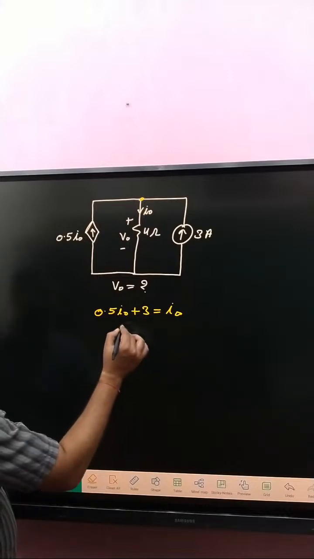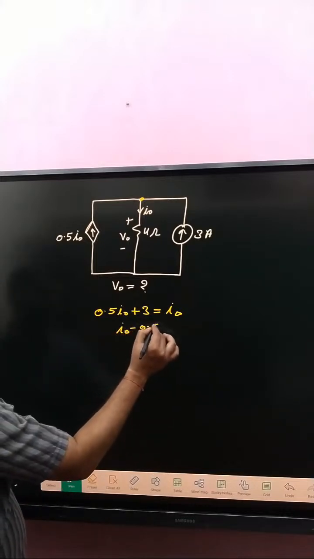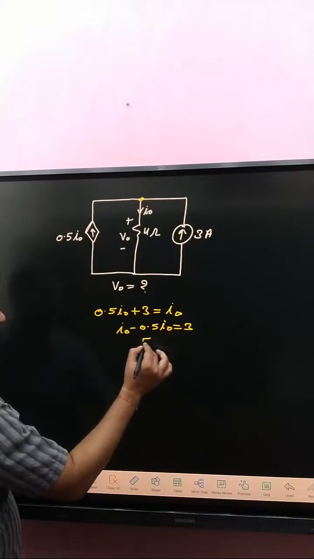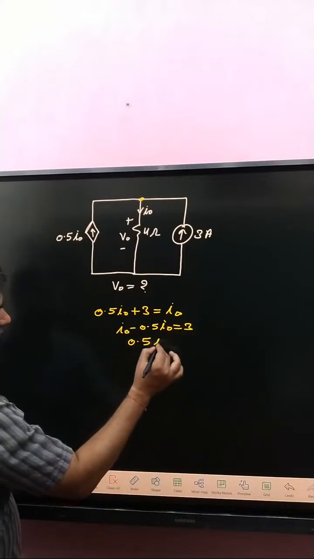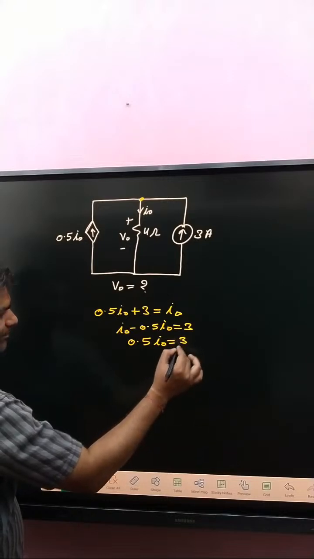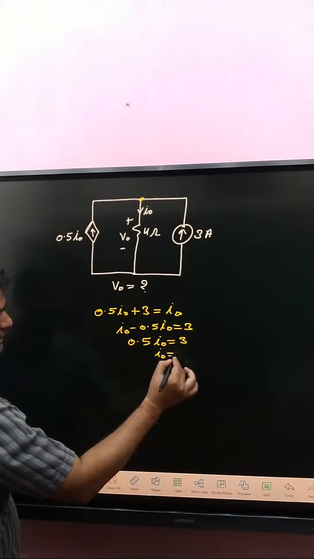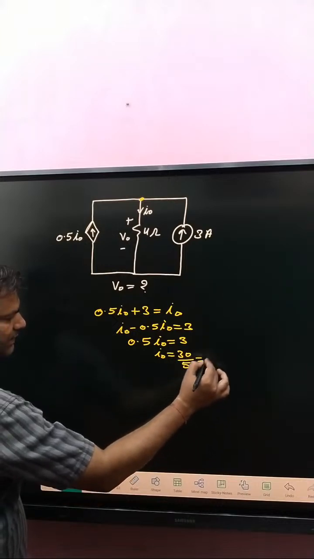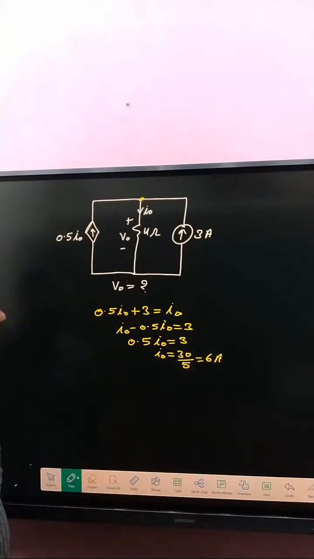So I naught minus 0.5 I naught, so 0.5 I naught will equal 3. So I naught is 30 by 5, that is 6 ampere.